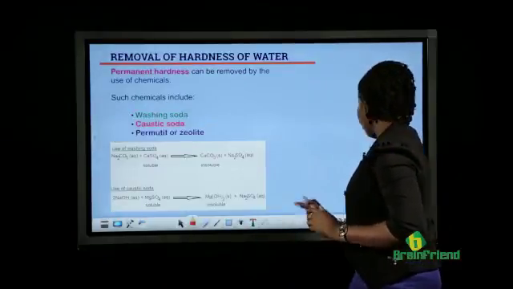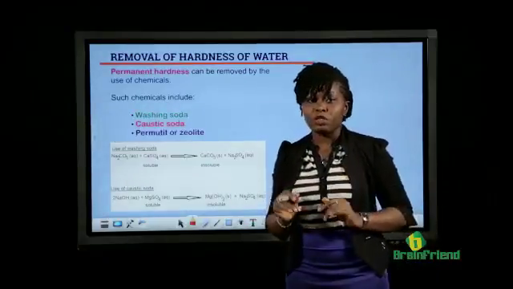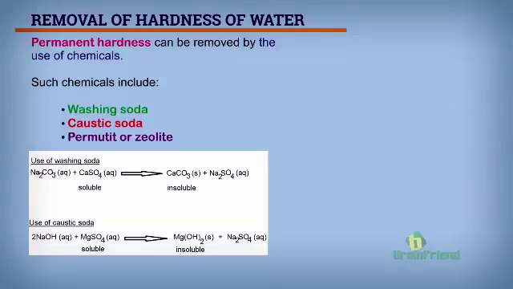For permanent hardness of water, we say that it cannot be removed by boiling. The only way we can remove permanent hardness is by the use of chemicals. And these chemicals are washing soda, caustic soda, permutit, or zeolite. But we'll be looking at the first two chemicals. The use of washing soda, this is washing soda.